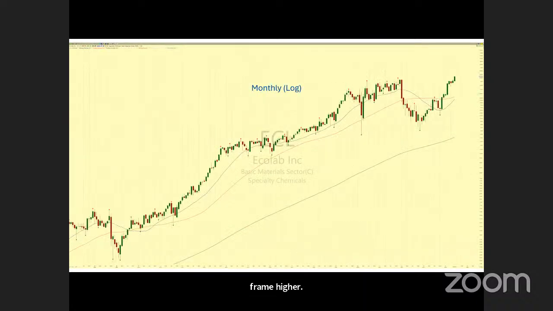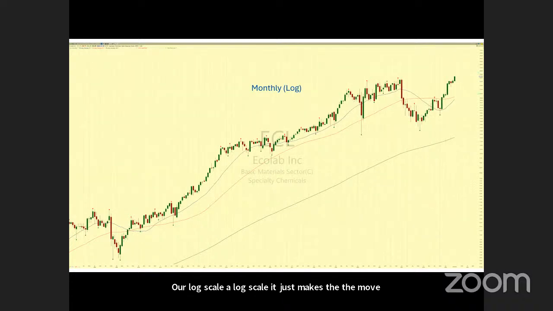And then the monthly is on a log scale. When I was looking at it yesterday, I'm like, oh wow, this is beautiful on multiple time frames. My monthly chart I look at through a log scale. It just makes the moves proportionately the same.